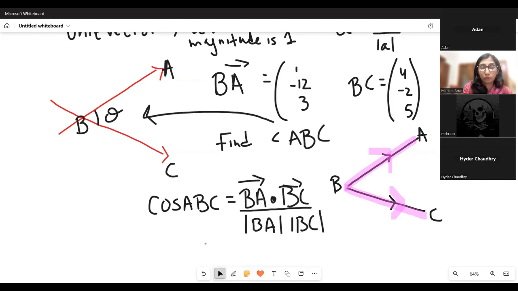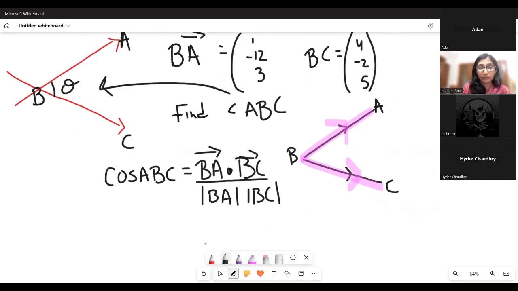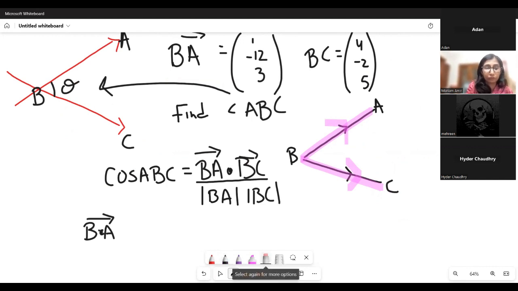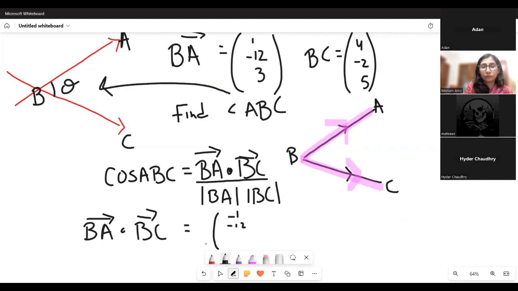Now, you're already given BA in the question and you're already given BC in the question. What is the dot product? What is the dot product of BA and BC? For the dot product, all you do is write the two vectors, 1, -12, 3, write a dot in between, and then 4, -2, 5.